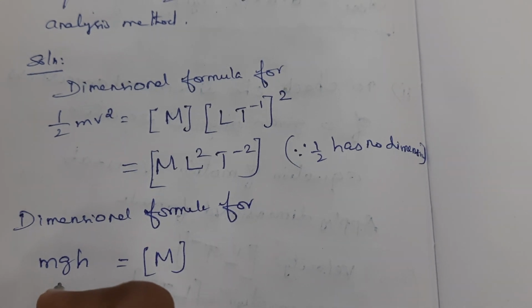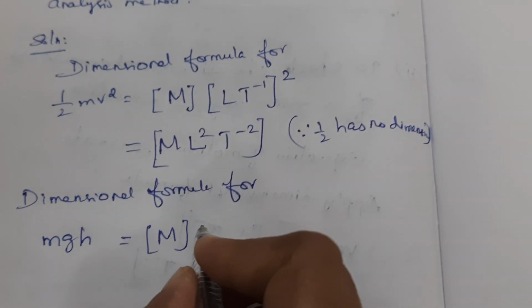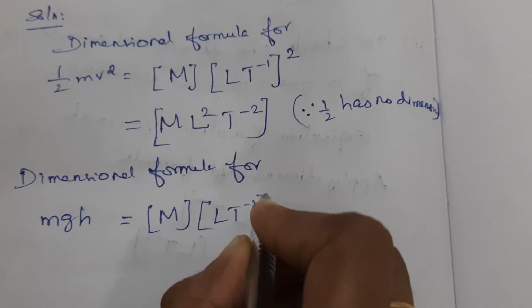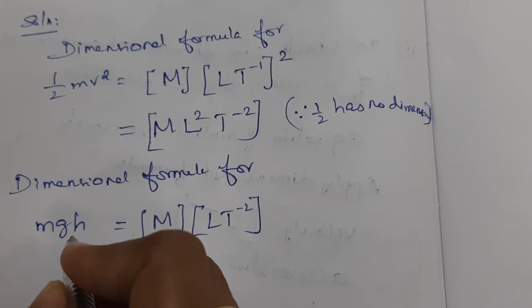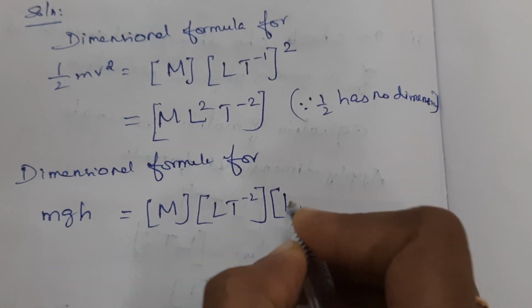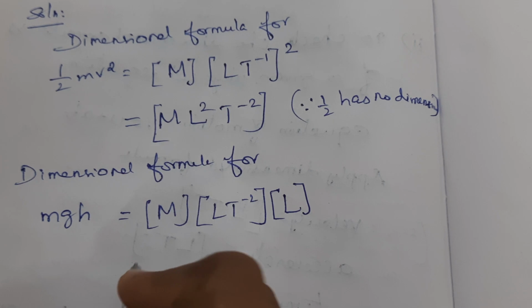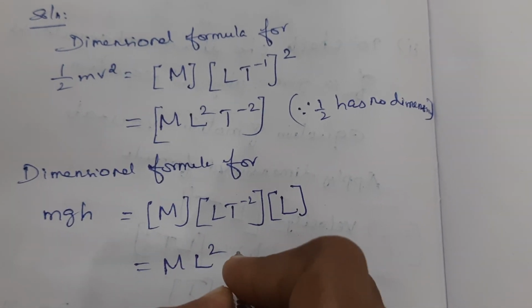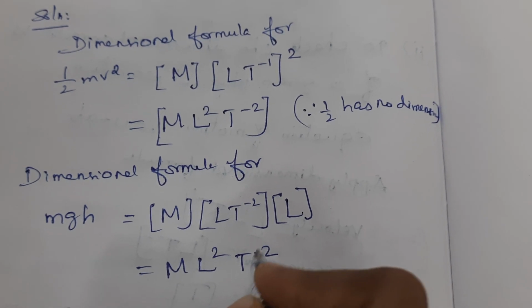Acceleration due to gravity, so it is the acceleration dimensional formula. What is that? LT raised to minus 2. h is height, which is nothing but distance, so the dimensional formula is L. So we can write M L square T raised to minus 2.